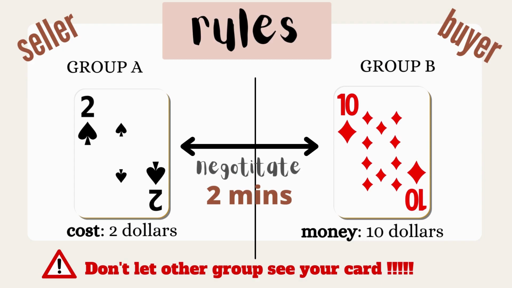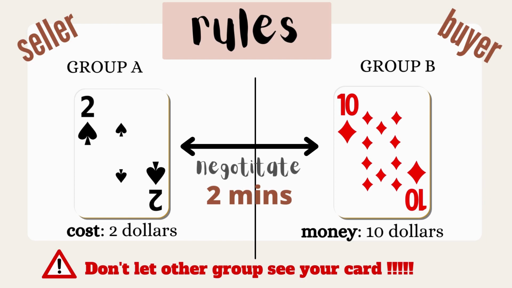So, if your group picks up a black card, that means you are a seller, and the number of the card represents your cost. For example, you can look at the PowerPoint. If you pick up black 2, that means you are a seller and your cost is $2.